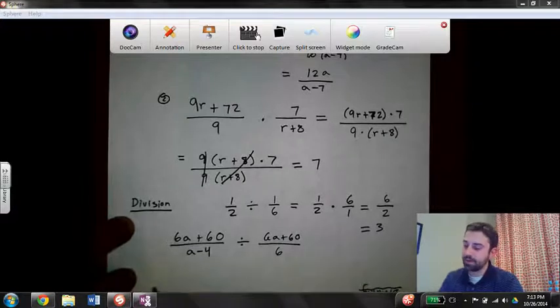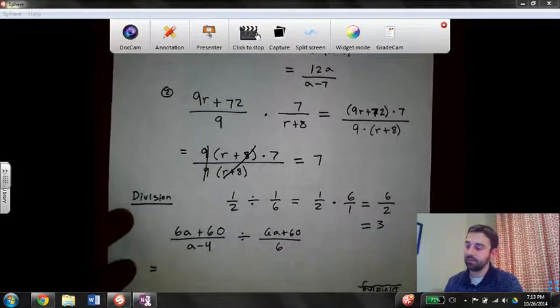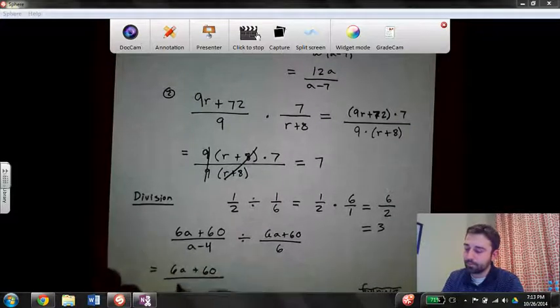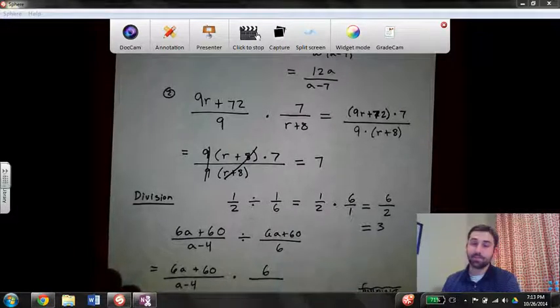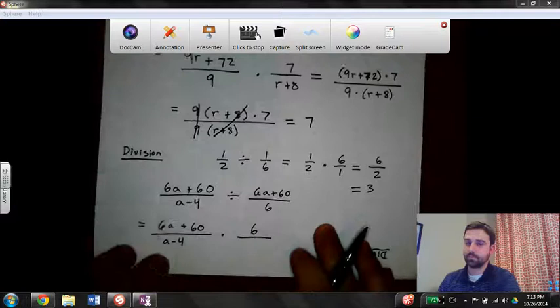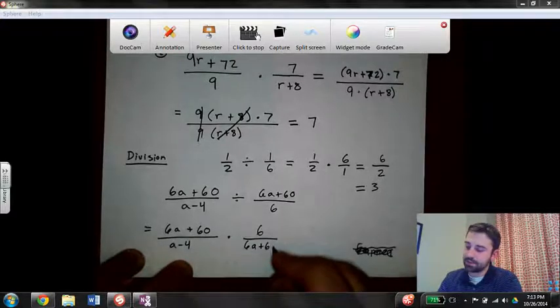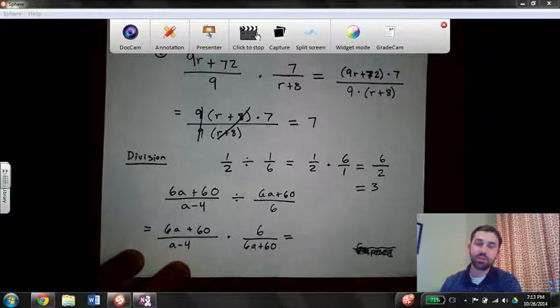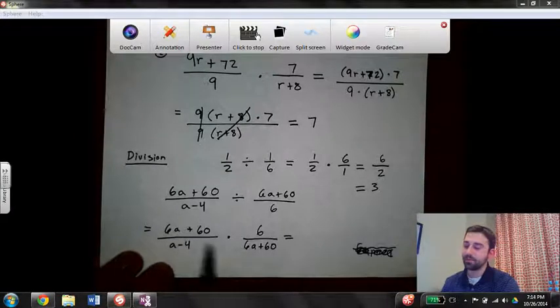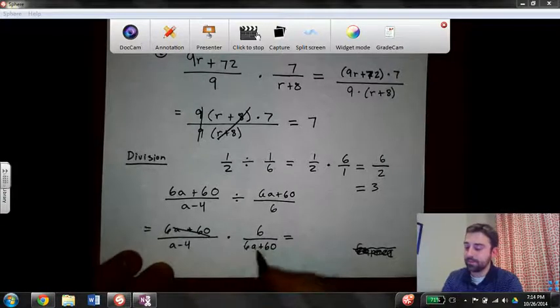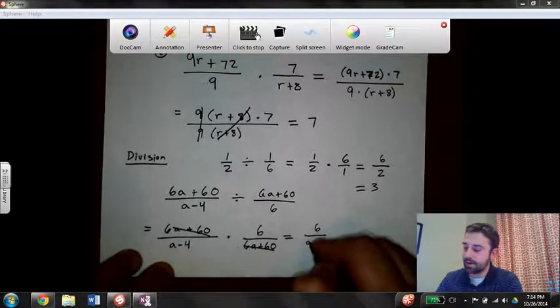So from here, just like in the first example, I can flip the fraction I'm dividing by, where I will rewrite it as 6 divided by 6a plus 60. And when I do this, we should be able to see that I'll be able to cancel out 6a plus 60 since it appears both in the numerator and denominator, leaving me with 6 divided by a minus 4.